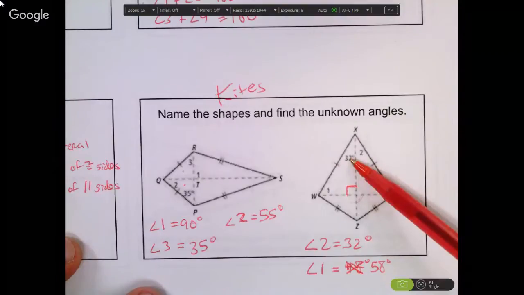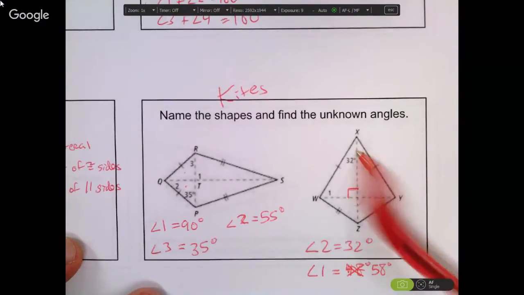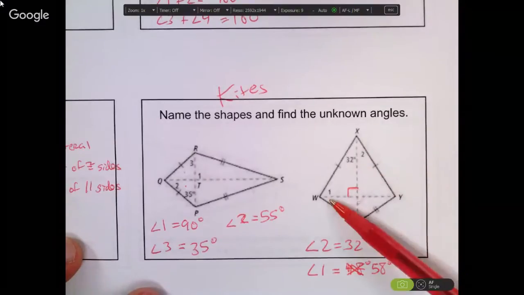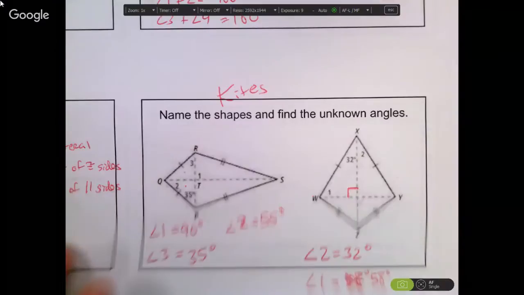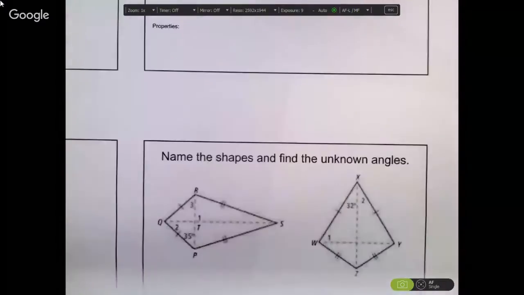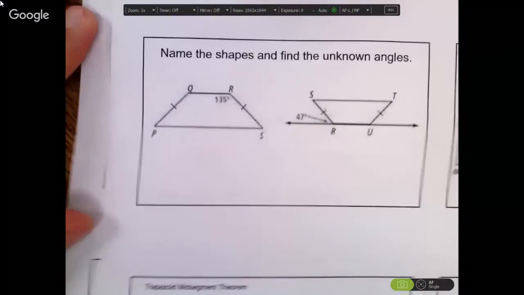I'm saying you could just say 90 minus 32, because we know that 90 is left between these two. Rachel completely on accident just shouted out 90 minus 32.